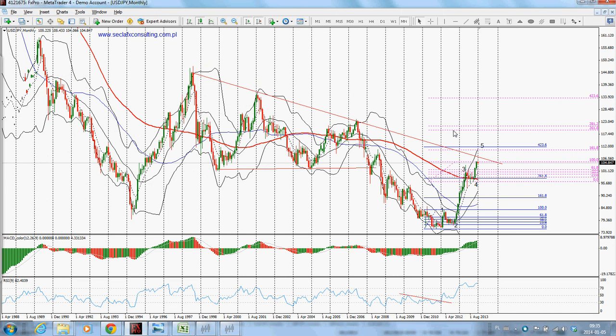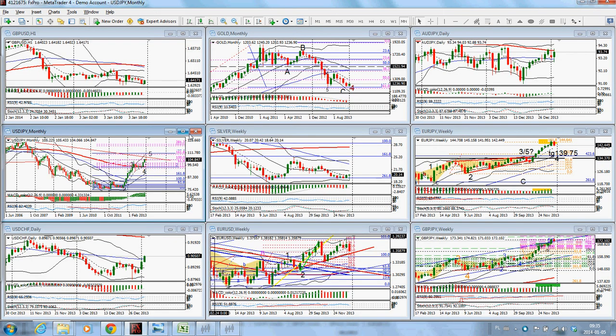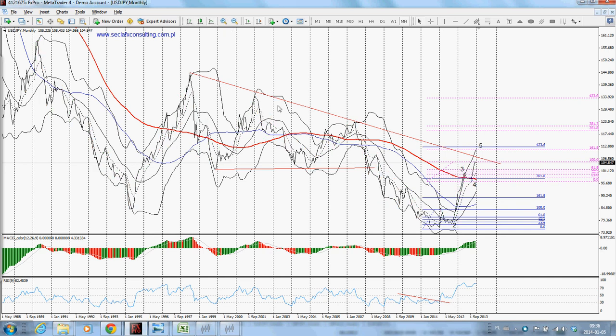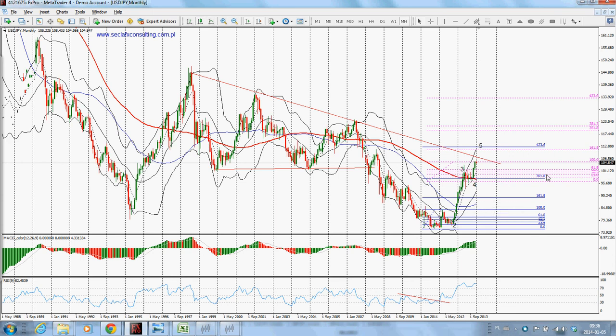I used to analyze the markets on MetaTrader 4 in the past. I switched to JForex. The main reason was that on JForex you've got more time frames available. Having a look at this monthly chart here, I've got a resistance line, and the market reached some levels based on these counts.